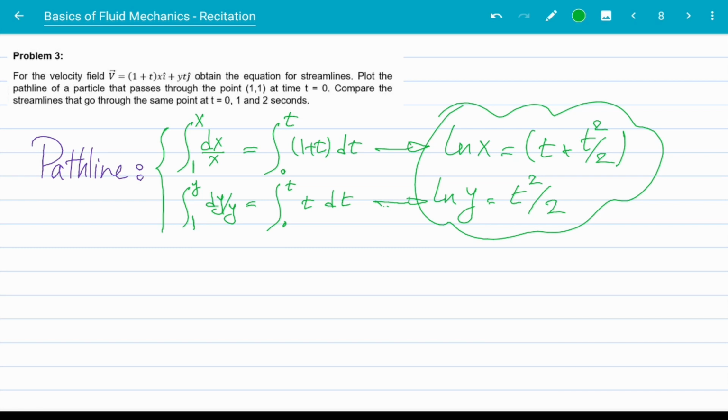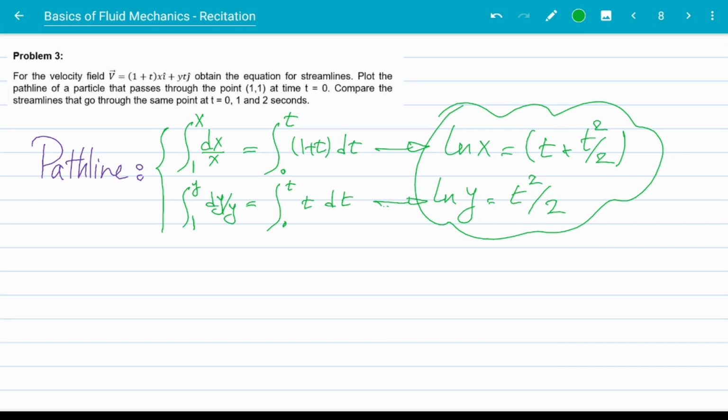From now on, in order to plot the path line, we have two options. I can put numerical values for time in these two equations and record the x and y coordinates and put them on a graph and then connect them together to find the path line. Or I can try and eliminate time between these two equations and end up with an equation relating x and y. So both ways are okay to draw the path line.